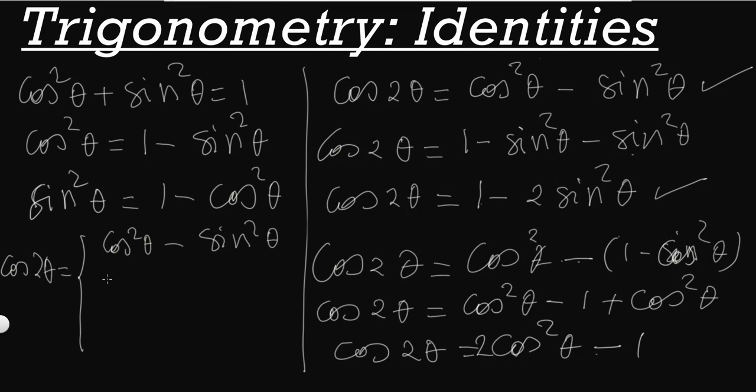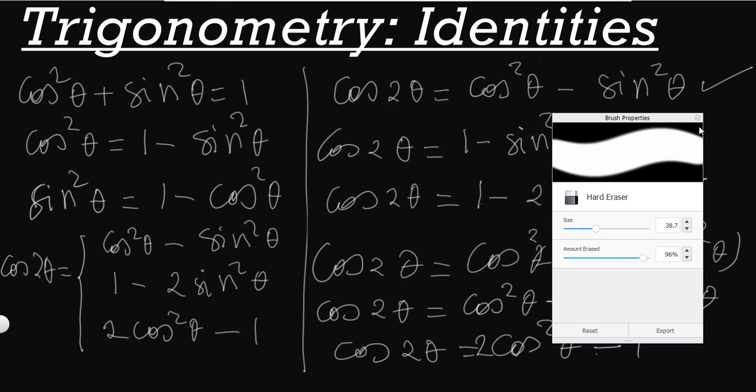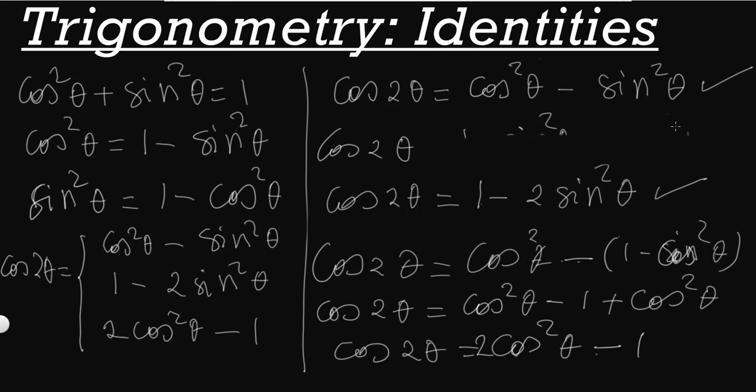Then we have also 1 minus 2 sin squared theta. Then we can have 2 cos squared theta minus 1.